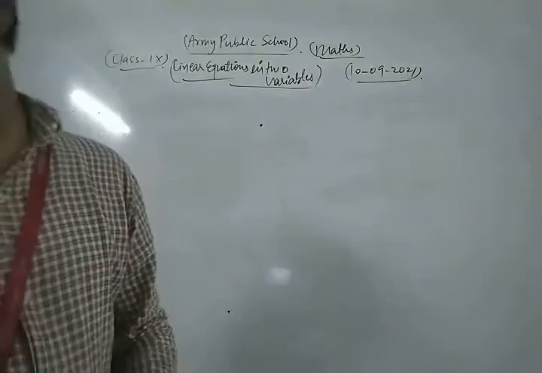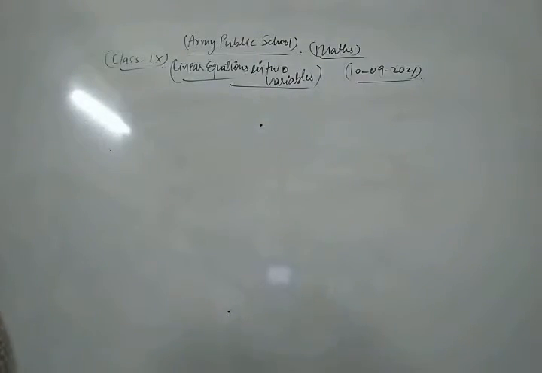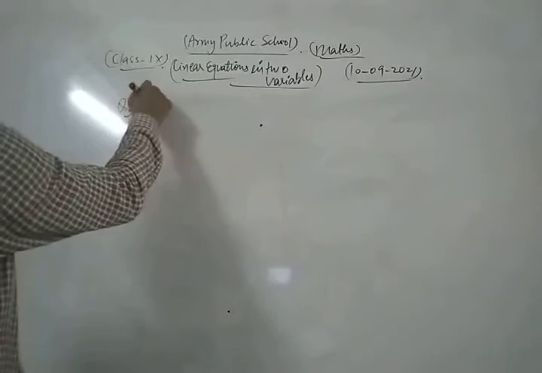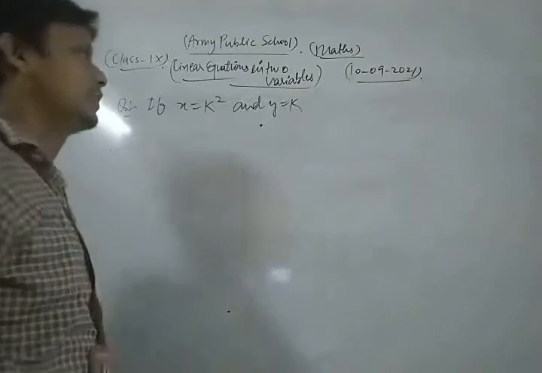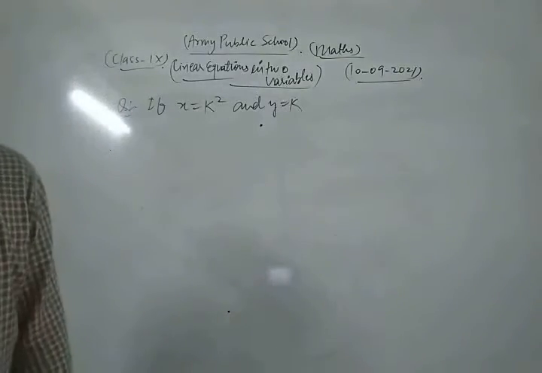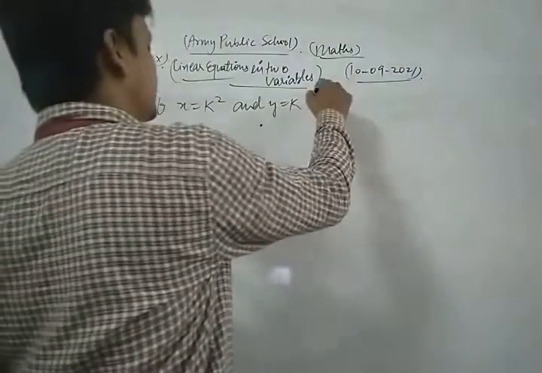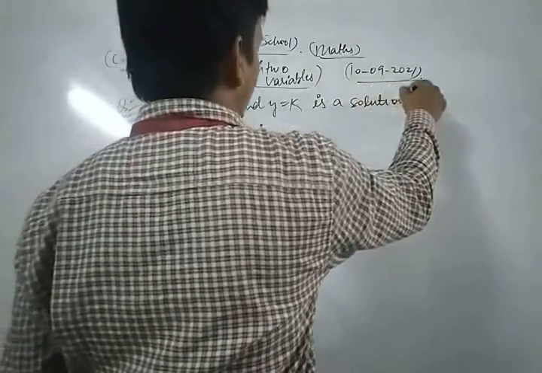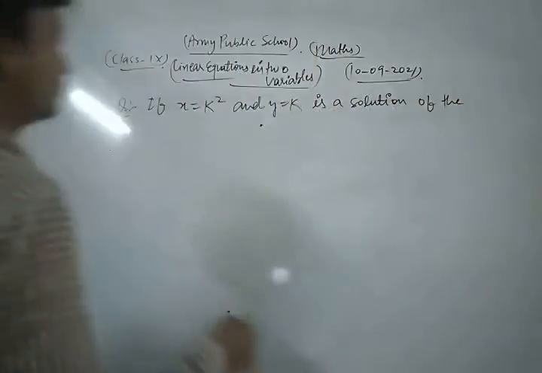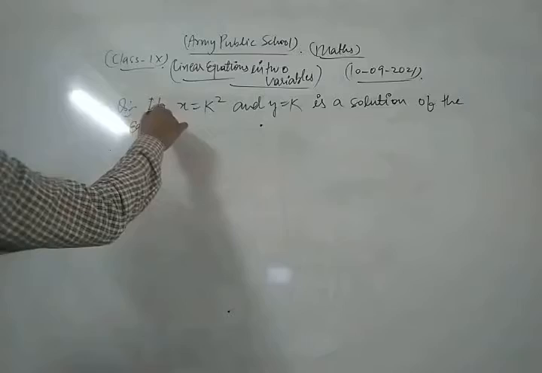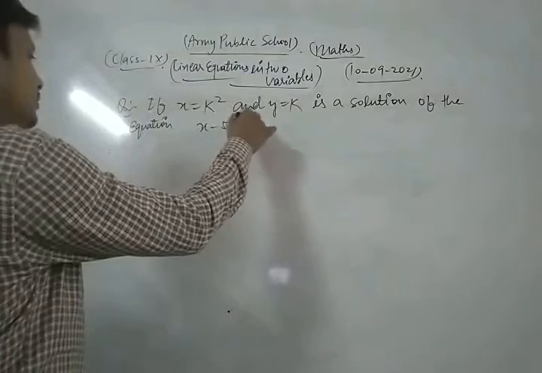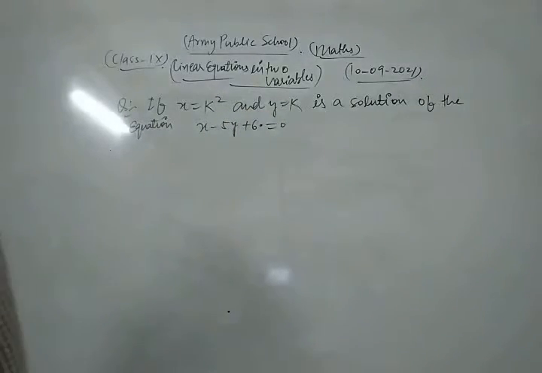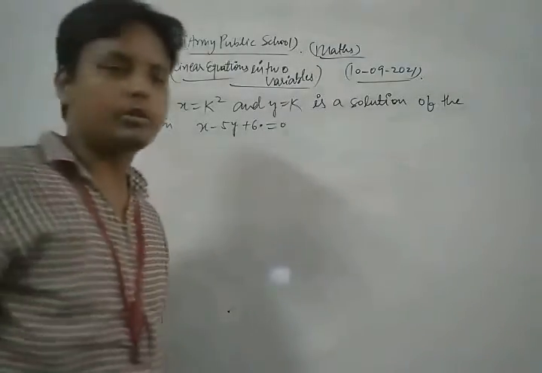Your question is, if x is equal to k square and y is equal to k is a solution of the equation x minus 5y plus 6 is equal to 0, find the values of k.